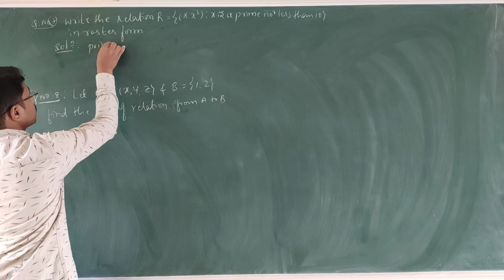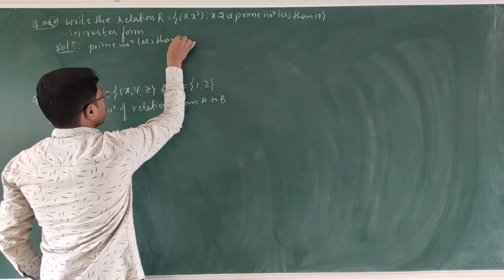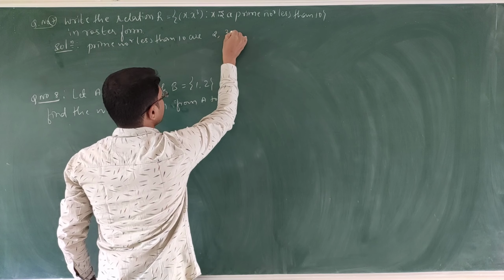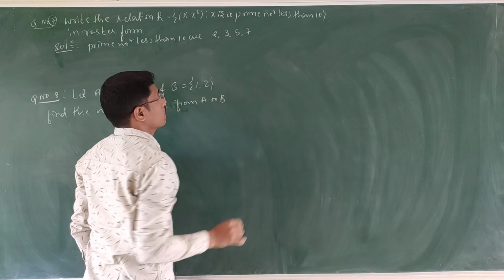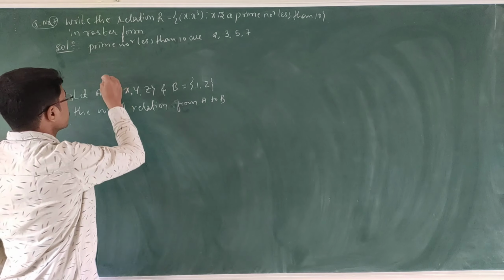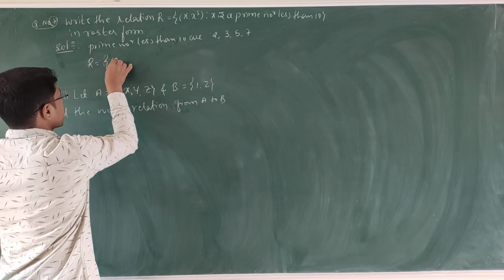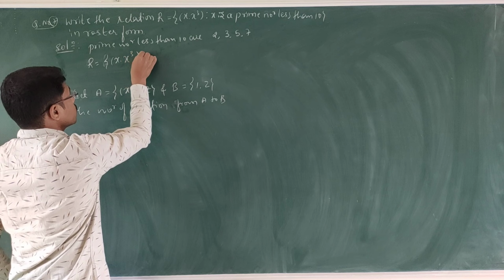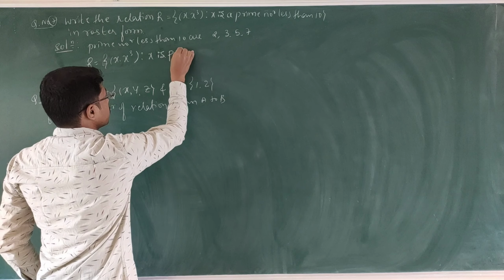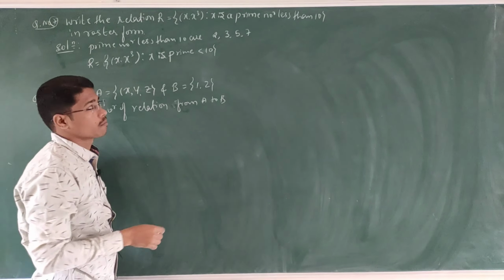The prime numbers less than 10 are 2, 3, 5 and 7. These are the 4 prime numbers less than 10, and the relation is R equal to (x, x cube) such that x is a prime number less than 10.